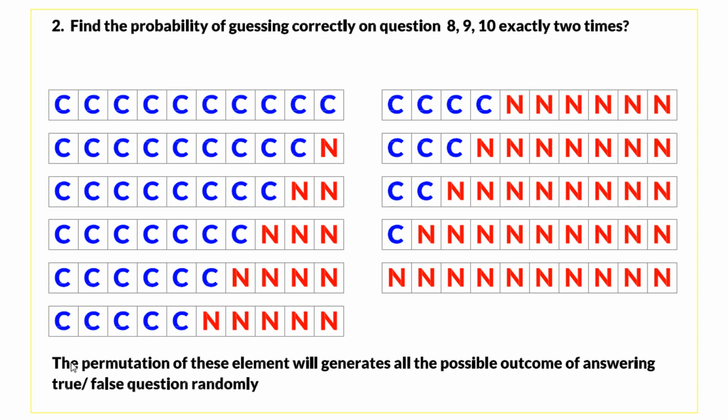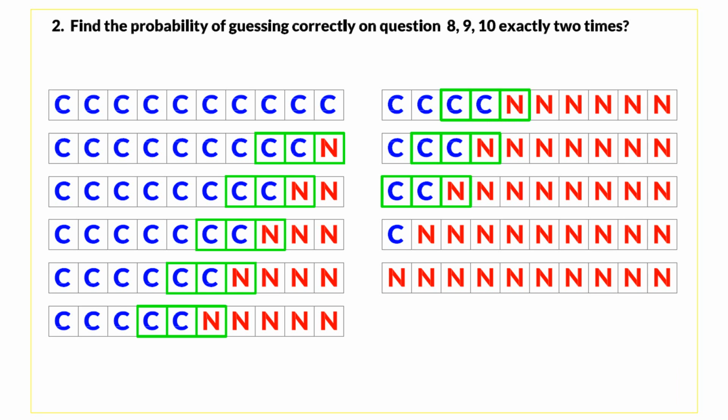We have to notice that the permutation of these elements will generate all possible outcomes of answering true-false questions randomly. Now to find out guessing 2 questions out of 3 correctly, we must have 2 correct and 1 not correct.